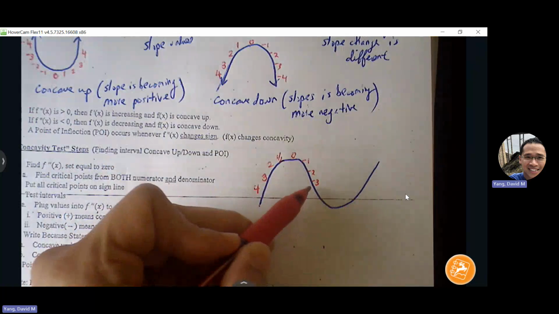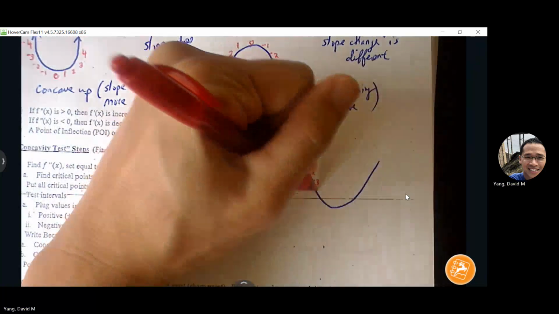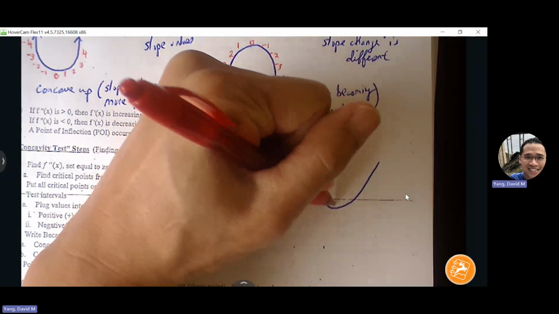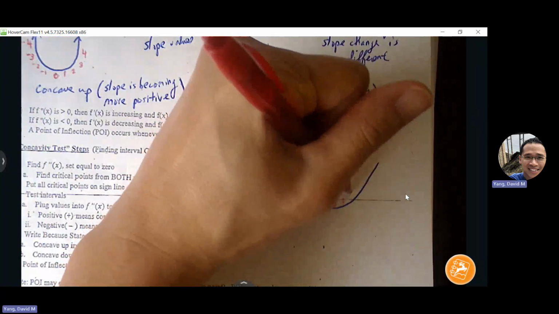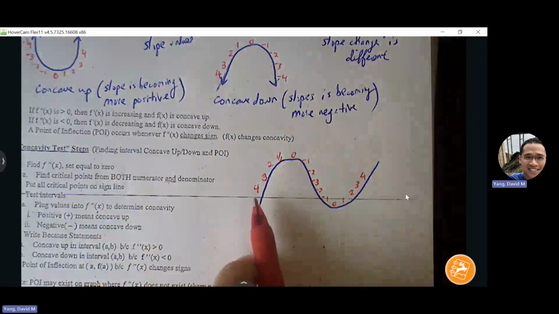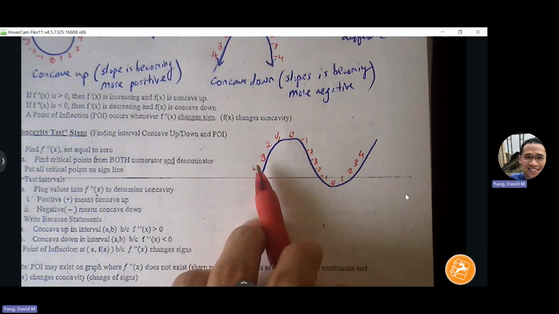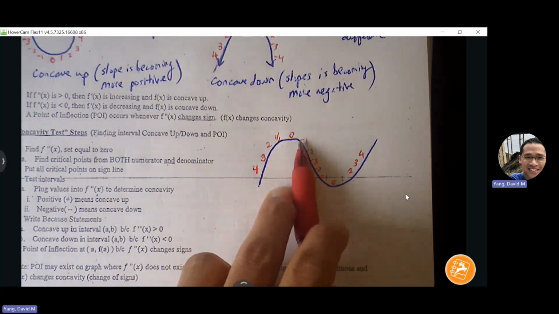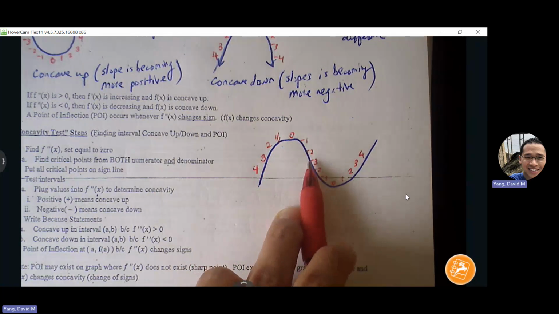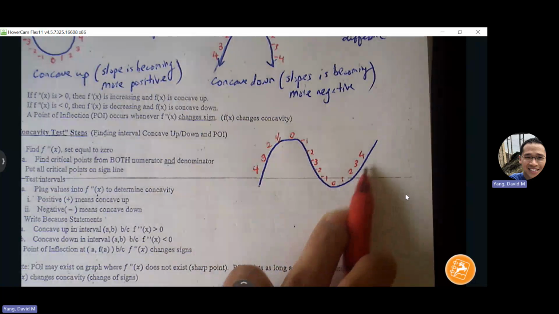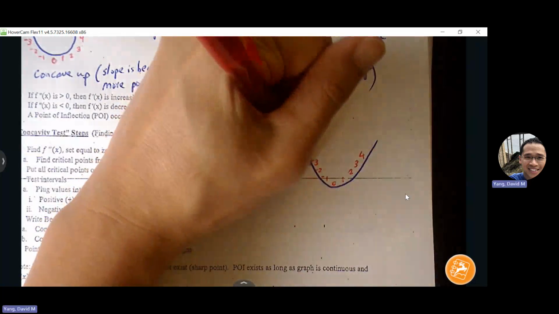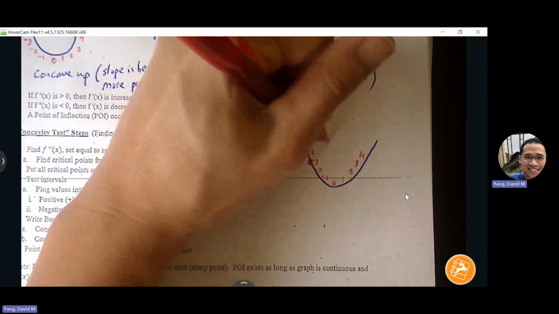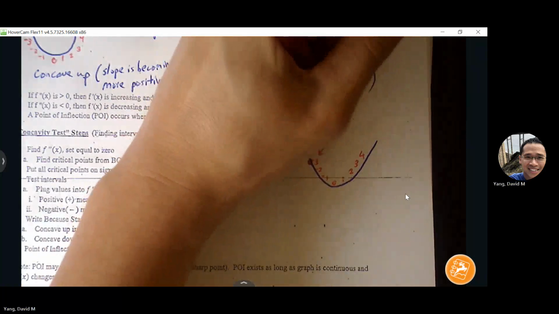But then eventually, this is going to go back to what? -2, -1, back to 0, right? 1, 2, 3, 4. So you see that this graph is moving in the negative direction, but then at some point it's going to turn around and start going in the positive direction. So this is what we call a point of inflection.